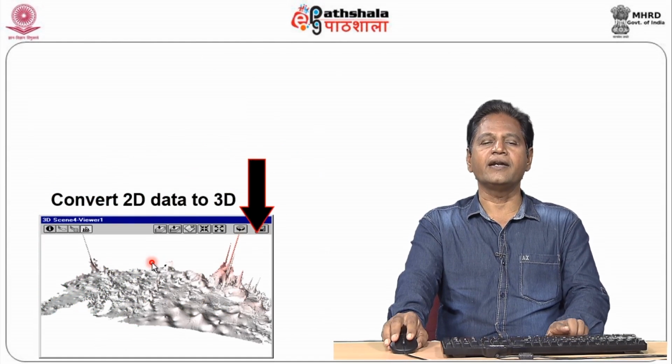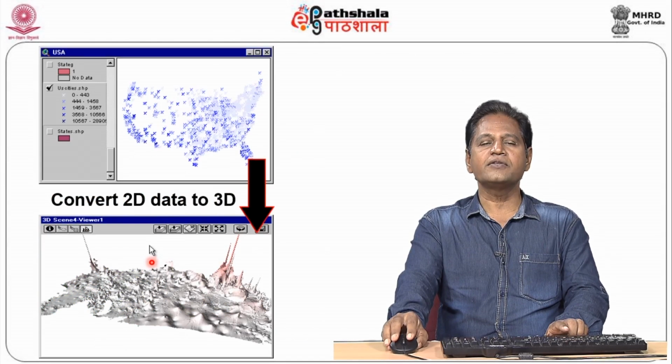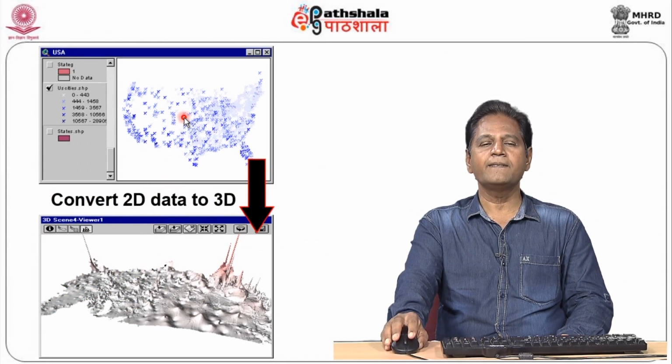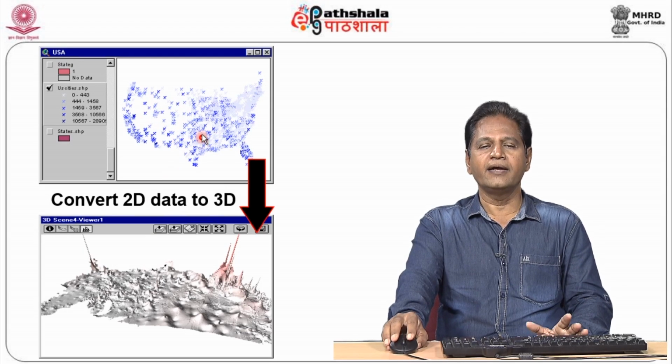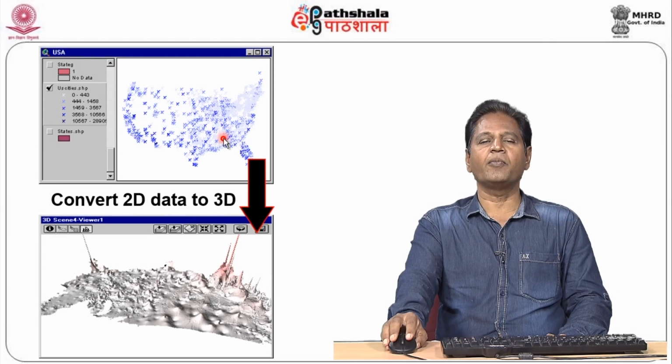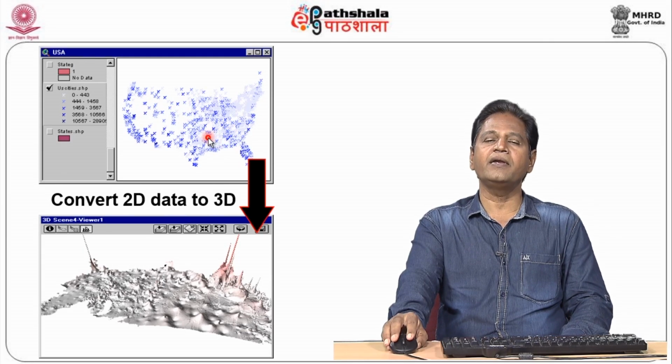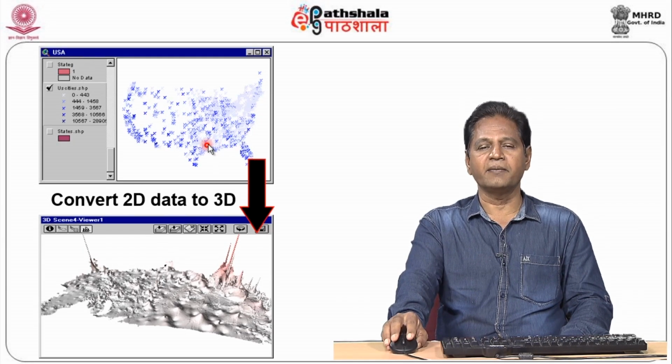How do you convert the data? Basically, what we try to do is that we have a simple data. You can see here 2-dimensional data, which could be point data, it could be a country or a continent, wherein for every given point you may have a data. Based on that particular point, it may be population data, it may be elevation data, it may be water depth data, whatever it is, you can create a third dimension here.